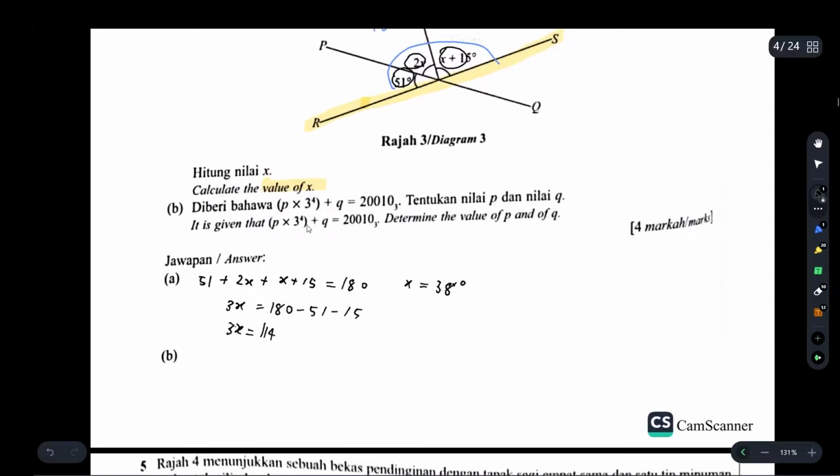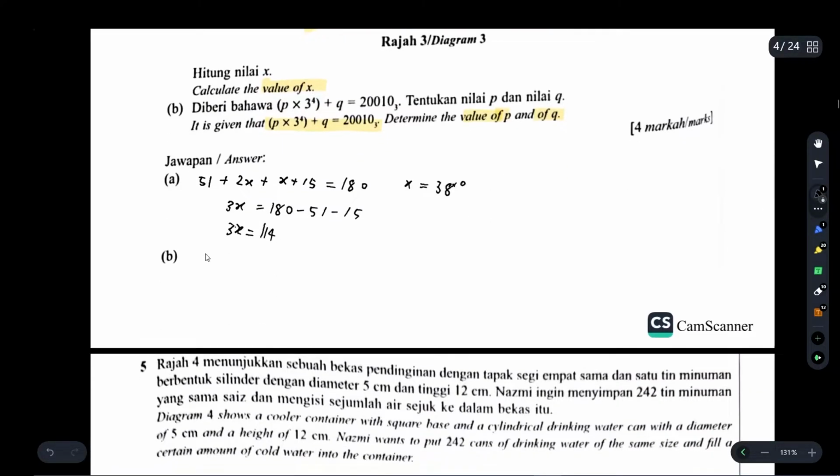So this is a base question, right? We need to find the value of P and of Q. First of all, I just gotta write it out. Basically, this is the base 10 of this number.